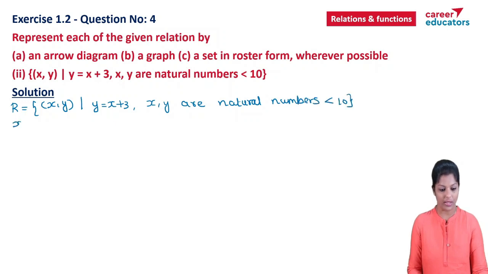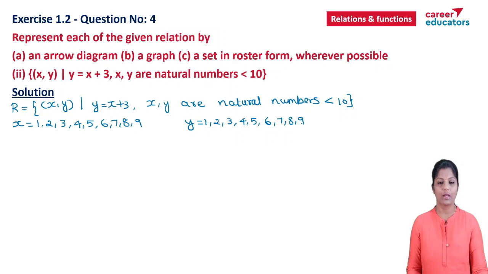So x equal to 1, 2, 3, 4, 5, 6, 7, 8, 9, and y equal to 1, 2, 3, 4, 5, 6, 7, 8, 9. First we have to find relation R. To find relation R, we have to substitute all the values of x in y equal to x plus 3.